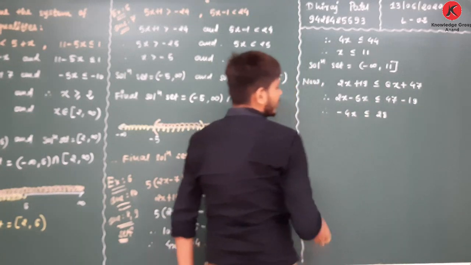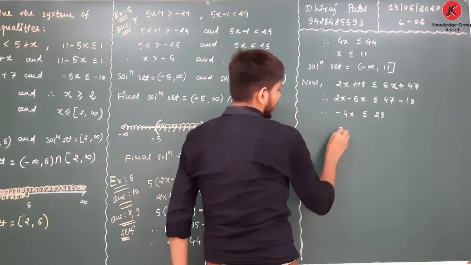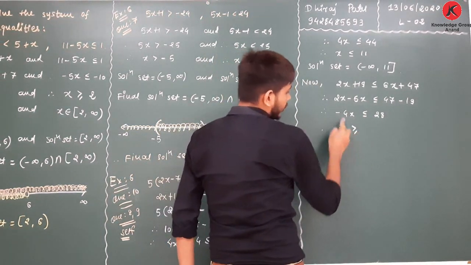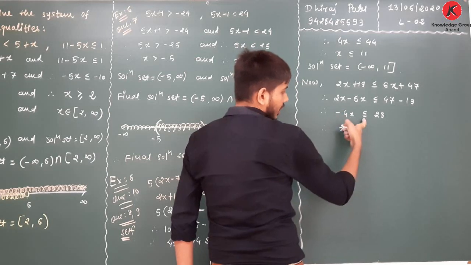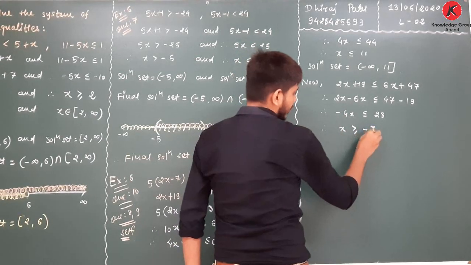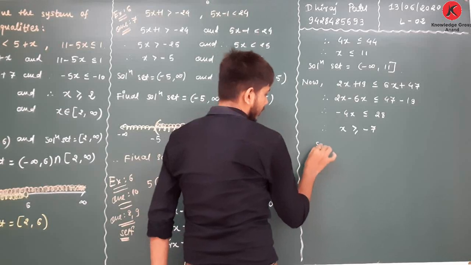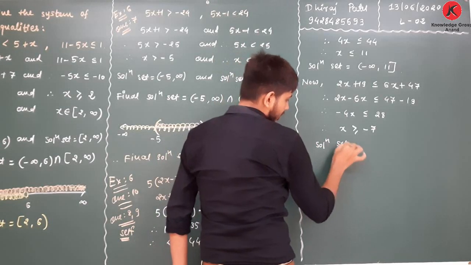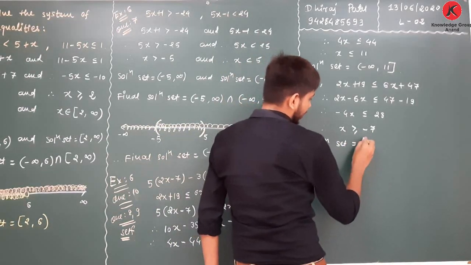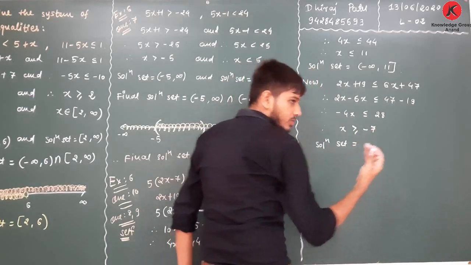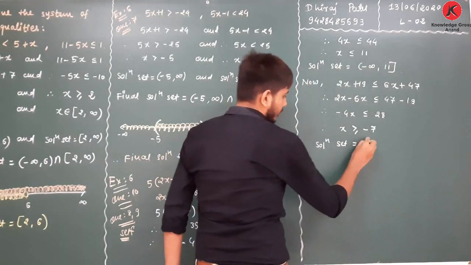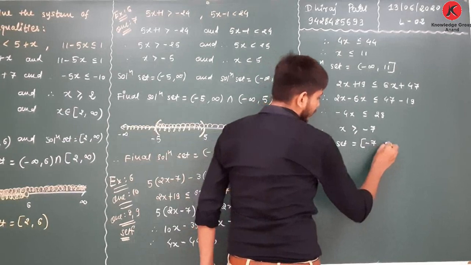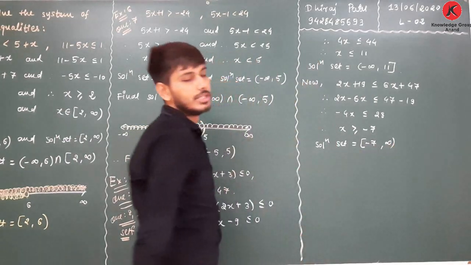Therefore we are getting x greater than or equal to minus 7, since dividing by minus 4 the inequality will change. Therefore the solution set of this inequality is x greater than or equal to minus 7. Therefore minus 7 to infinity, minus 7 included here.